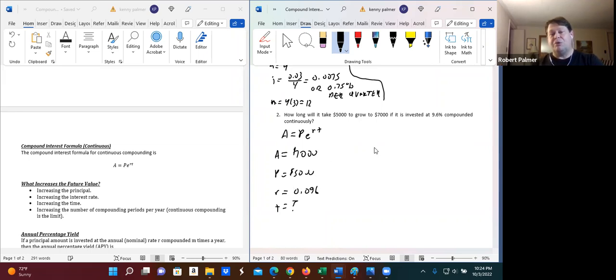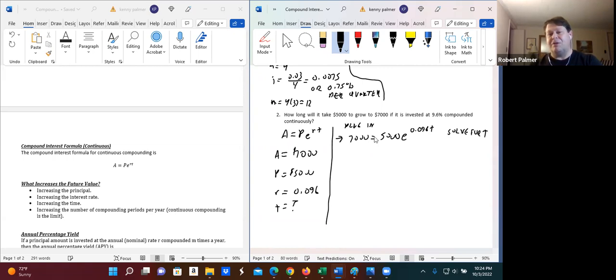Let's plug all this in. A, which is 7,000, is equal to 5,000 times e to the 0.096t. Now we want to solve for t.